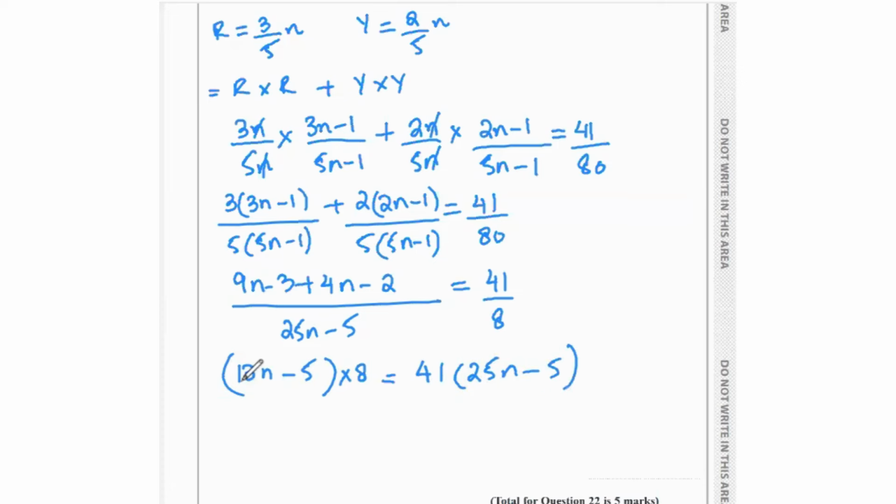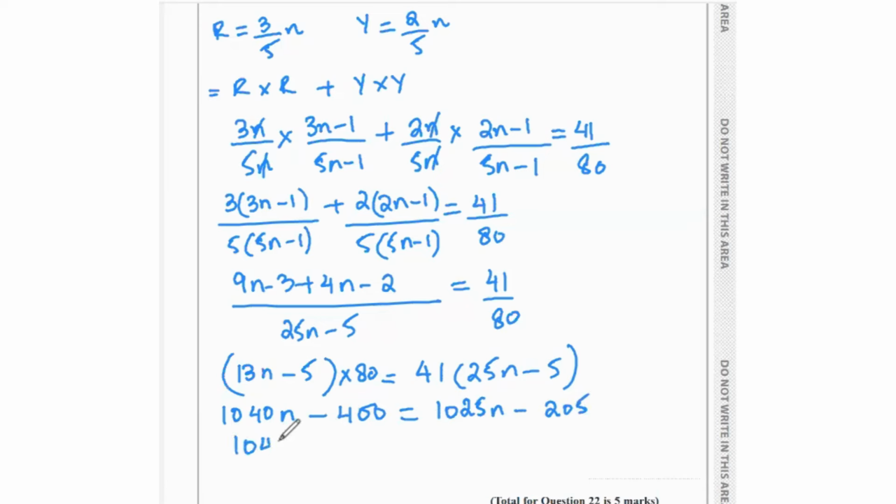So 13 times 80 is going to be 1040n minus 400. And over here, 41 times 25 is 1025n minus 205.